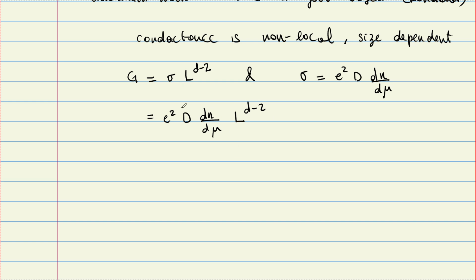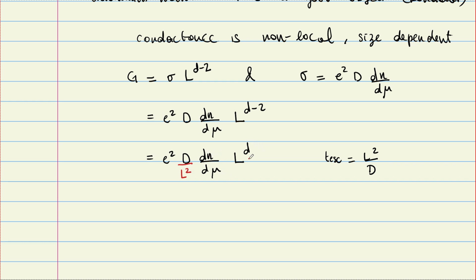Previously we had some scales, for example the escape time, which is also sometimes called the Thouless time, equal to L squared over D. This is what I want to do here. So let me put one of the L's here, so this is L squared, and now I can erase this.